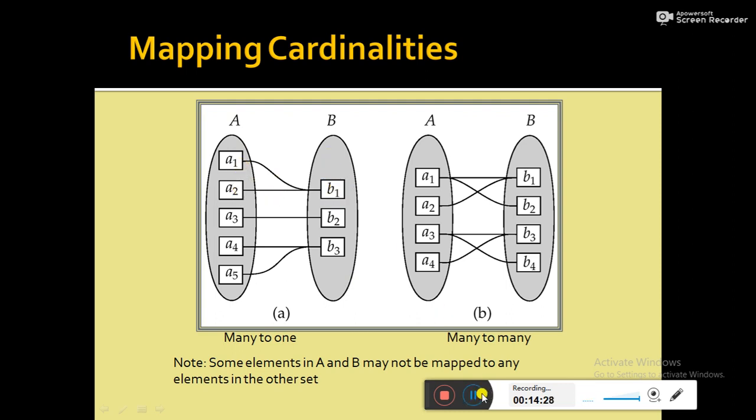And from the other side, from B, an entity B1 can be associated with any number of entities in A. It may be 0 or 2. In that case, B1 is associated with 2 entities in A. B2 is associated with a single entity, A3. B3 is again associated with 2 entities. So an entity in B can be associated with any number of entities in A. So it is many-to-one.